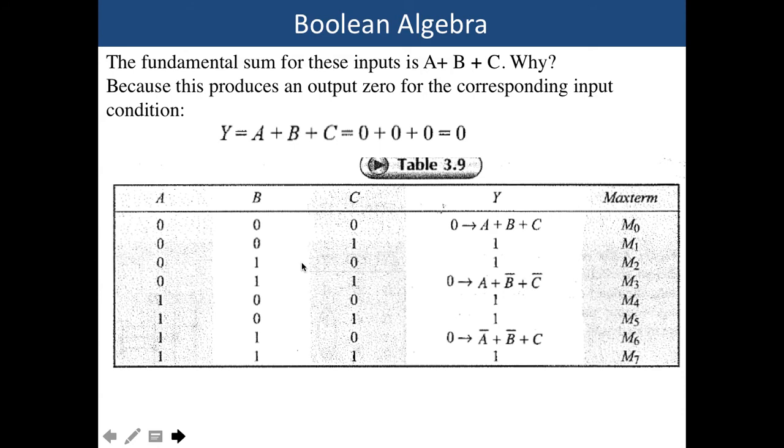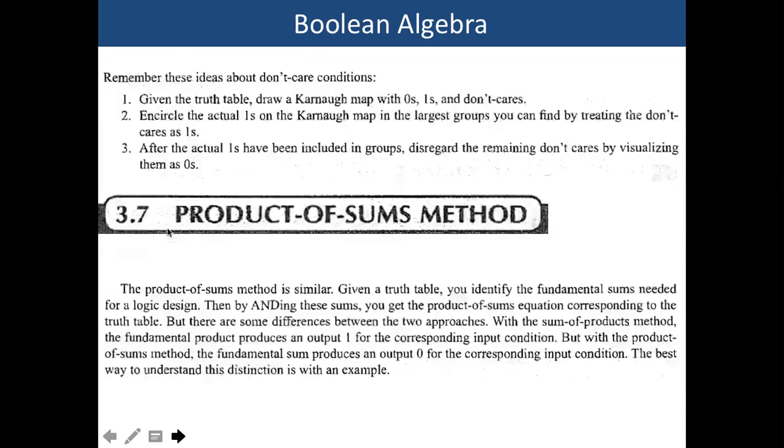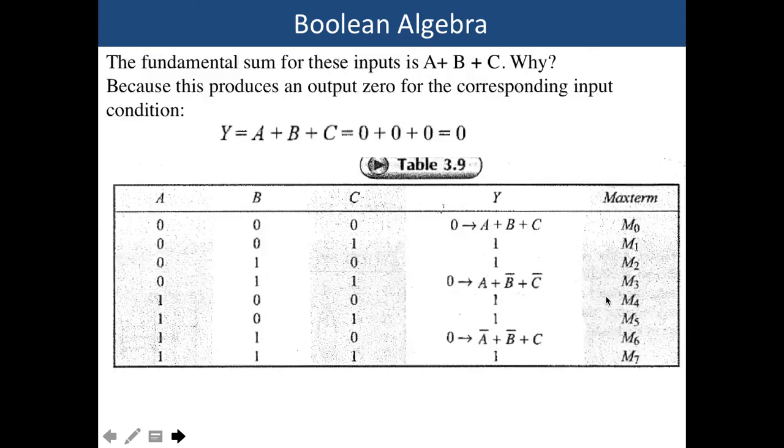So here you can see one truth table, and we know the fundamental sum produces an output 0 for the corresponding input condition. So that's why here it is not A bar, but A, B, and C. This is 0: A, B, C, output is 0.